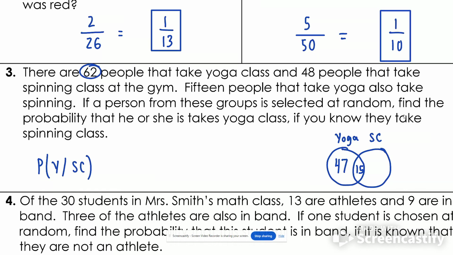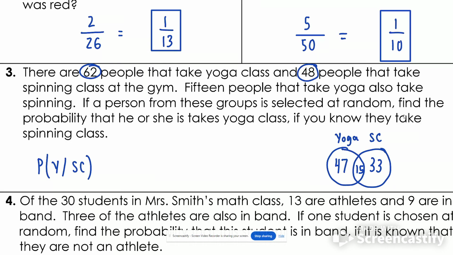Does that make sense? I hope it does. We do the same thing with spinning class. In the spinning class, 48 people take spinning class, but 15 of those do both. So 48 minus 15 is 33. 33 people do only spinning class.